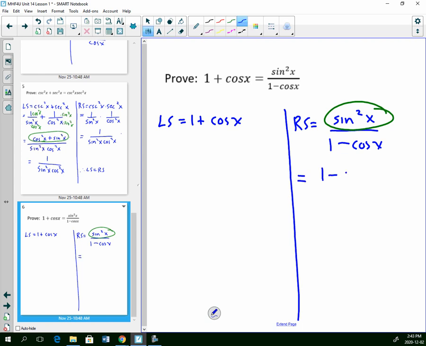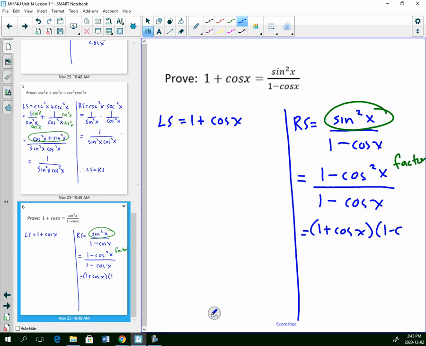So I'm going to change it to 1 minus cos squared. And then I think, well, 1 minus cos squared is a difference of squares. I could factor that. Because I know when I factor a difference of squares, I'm going to get 1 plus cosine x and 1 minus cosine x.